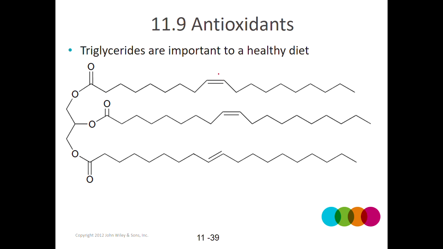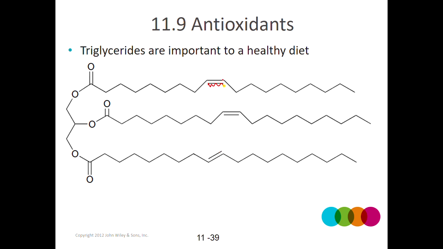So the most readily spoiled or oxidized triglycerides are the ones that have pi bonds. And so that's why saturated fats were developed by the food industry, in part because they have a longer storage life. Right? So these are sites of unsaturation.